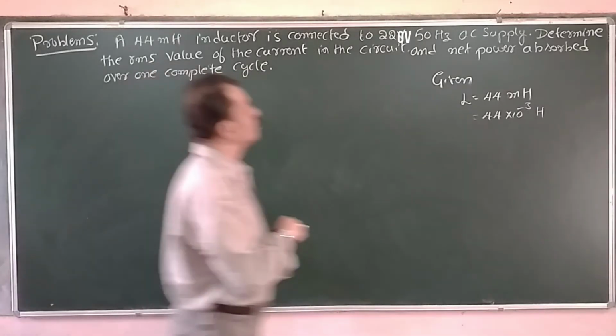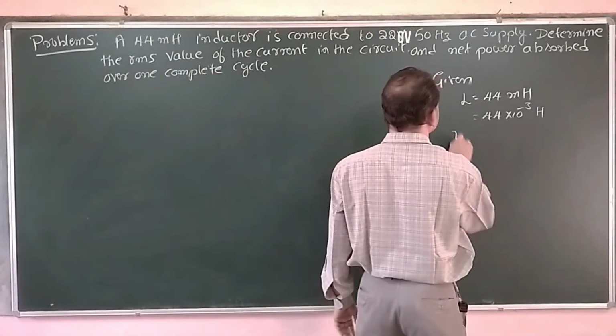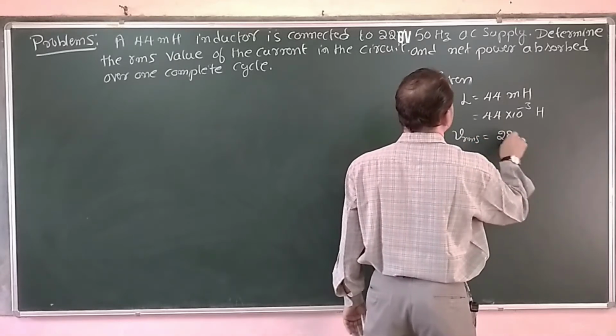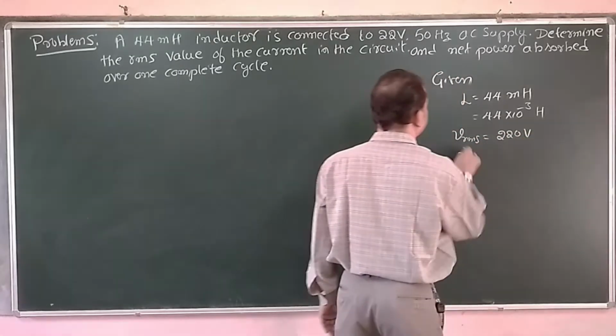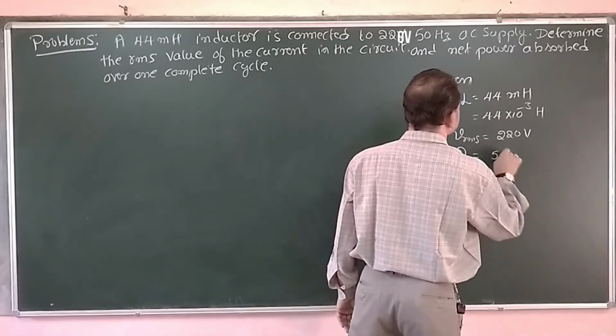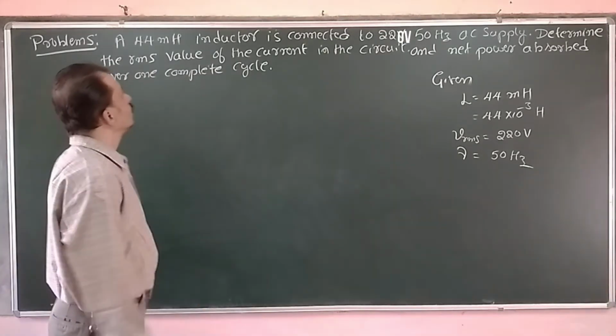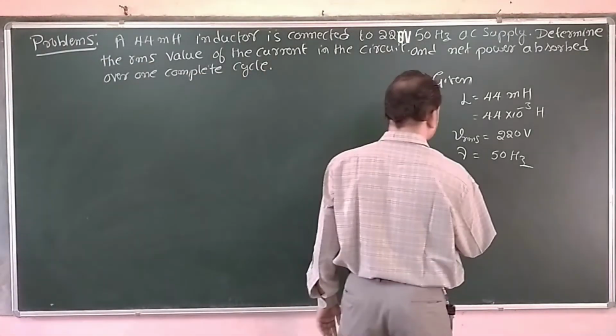It is applied to an AC source. Its VRMS value is given, that is 220 volts, having a frequency of 50 hertz. The RMS value of the current we have to calculate.